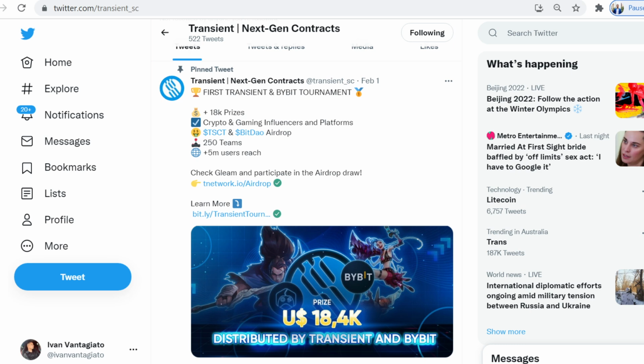It's about this kind of thing, having this particular ecosystem, where I'm going to show you the tournament page and what that looks like. And on the social media channels, you can click on all these links as well. But there's going to be $18,000 USD of prize money, 250 teams participating, and an airdrop of 15,000 USD in TSCT tokens on Glim.